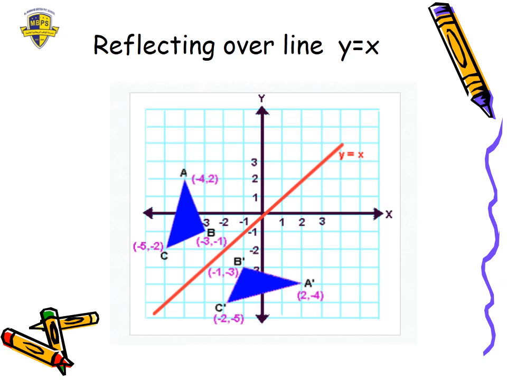We draw it. Then B, it's (-3, -1). It will be (-1, -3). So just change the places. C, (-5, -2), will be (-2, -5), and we draw our reflected triangle.